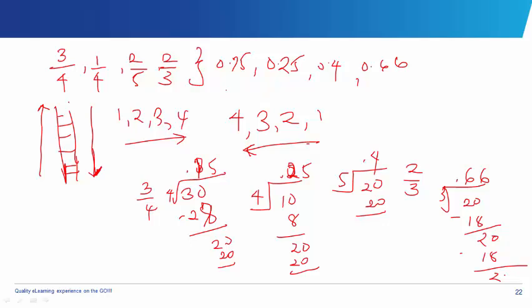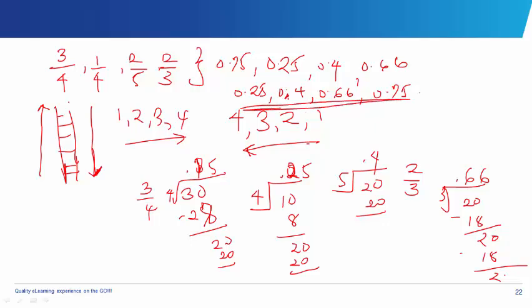Now looking at this, you can easily arrange them in ascending or descending order. But we're told to arrange the numbers in ascending order of magnitude. So ascending, which one is the smallest number? Smallest is 0.25. Then you have 0.4 following, then 0.66. Then finally 0.75. So finally we've arranged it.